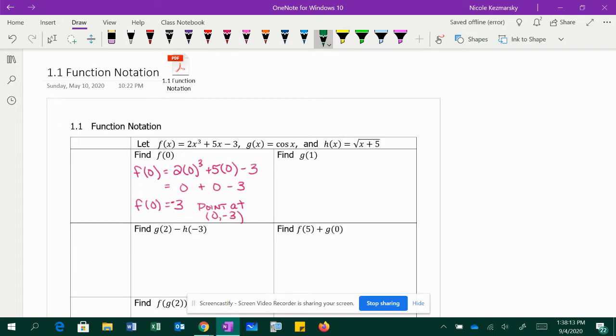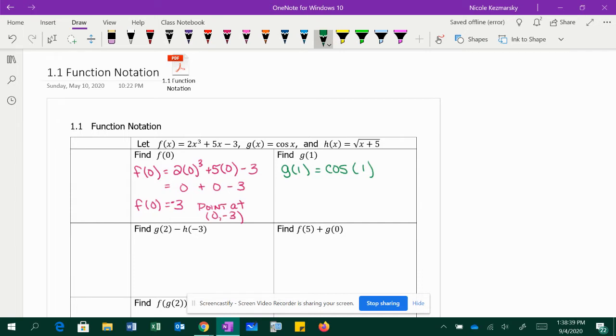For the next example, we're finding g of 1. And I put this one on there on purpose because it's nice trig that everybody loves. So trig can be a little sneaky because I'm going to take that x value and plug it in. And then I have to think to myself, is this something that I can evaluate without a calculator? So cosine of 1, well, 1 is the angle.